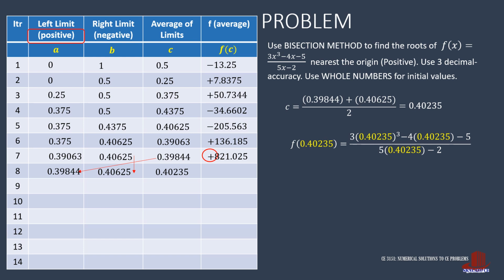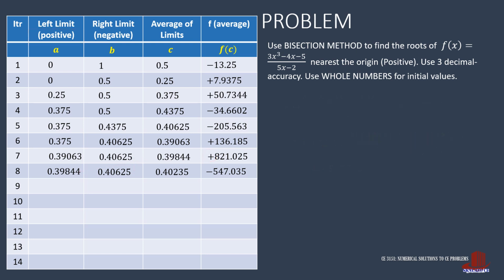This is divided by 5 of 0.40235 minus 2, resulting to negative 547.035. F of c seems to get smaller this time.